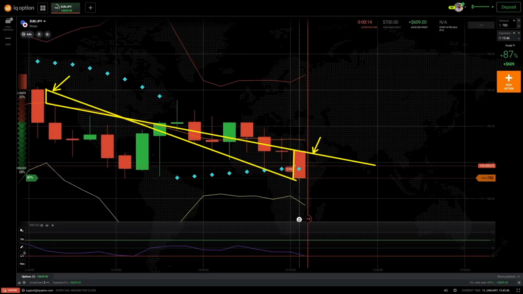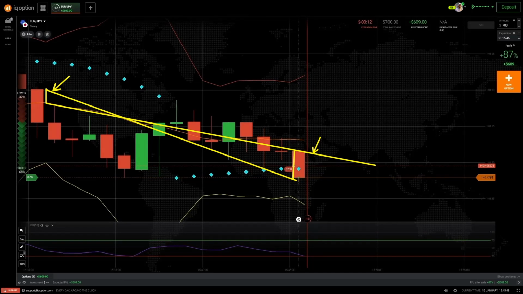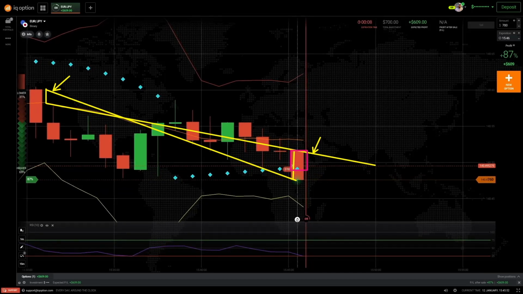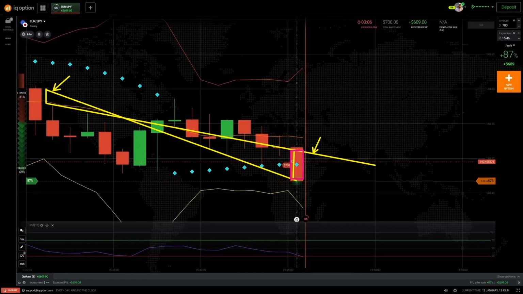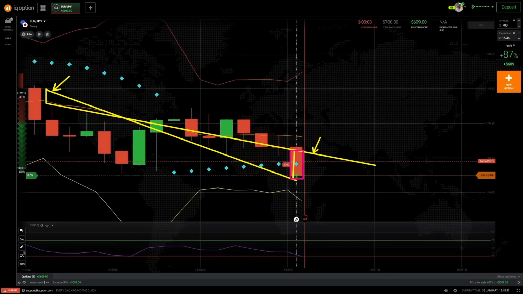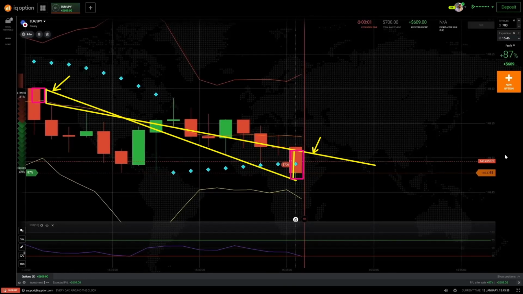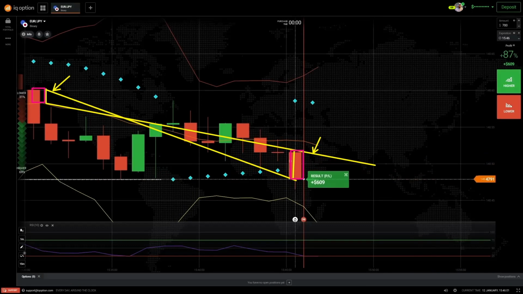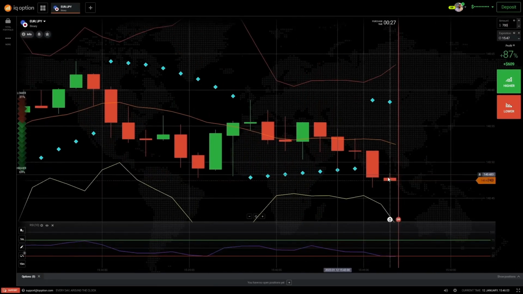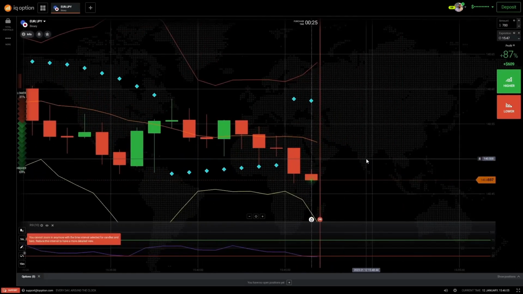Around here. So I guess if my calculations are right, this candle will make it over here. Great. So just as expected, $609.